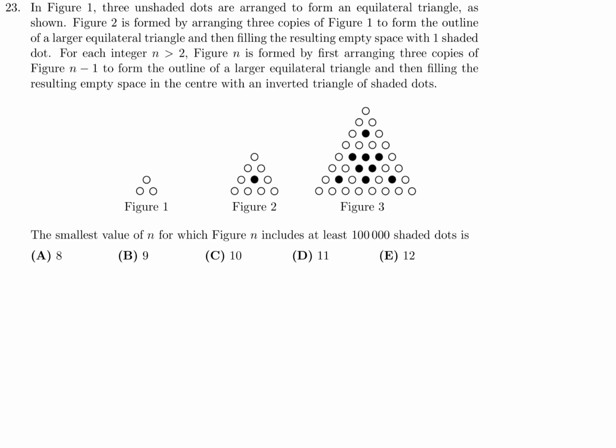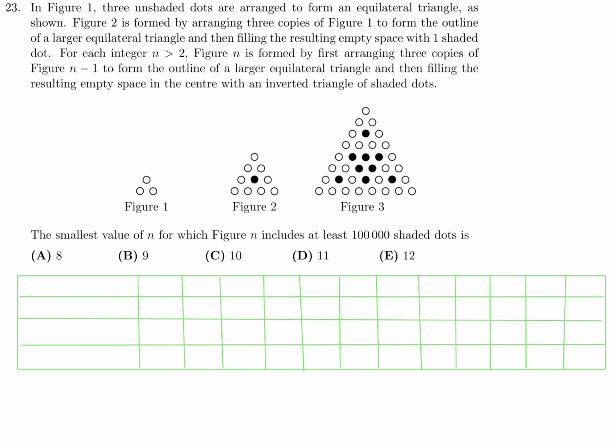Let's make a table. And let's start labeling this. So the top one will be my n, and then the next one will be the number of shaded dots. And then the next one will be the dots in the top base, and I'll explain what that means.